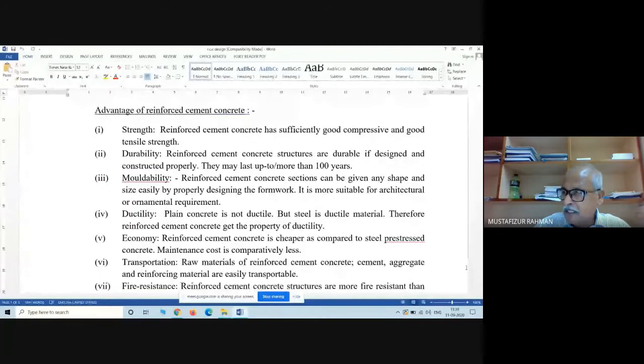The reinforcements are utilized to increase the strength in the tension zone, because in the tension zone the concrete is unable to resist the tension. So if in the tension zone we introduce some member, which is called reinforcement.